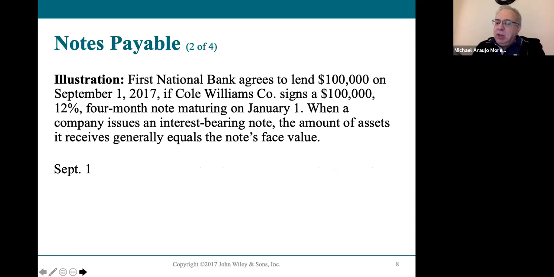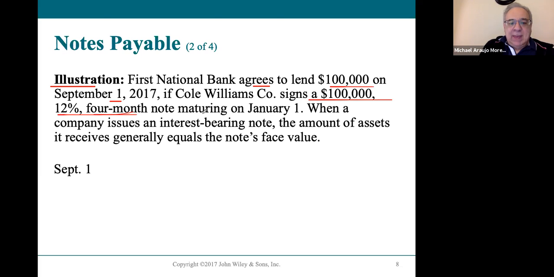Okay. The example for this you're pretty familiar with, but here's the illustration. First National Bank agrees to lend $100,000 on September the 1st, 2017, if Cole Williams Company signs a $100,000 12% 4-month note.